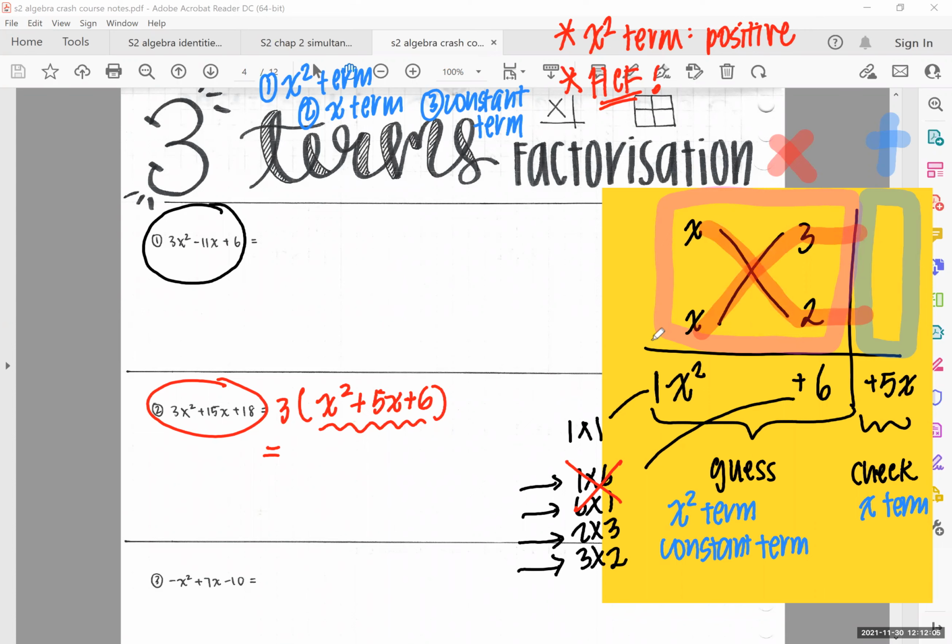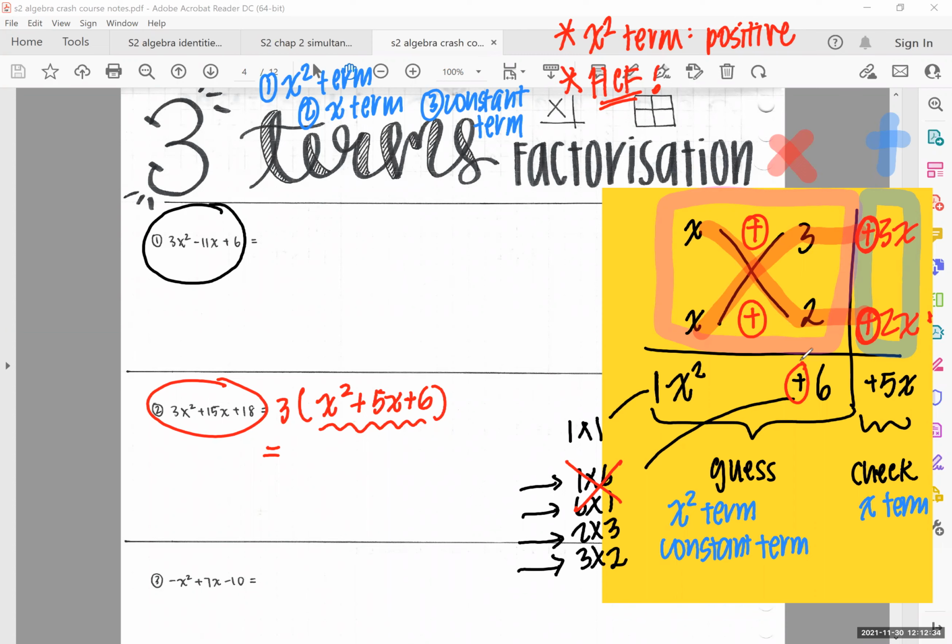X times 3 gives me 3x. X times 2 gives me 2x. And how to get positive 5x? Means the 3 must have a plus and the 2 must have a plus. So plus, plus. Positive times positive will give me positive. So my answer is correct.